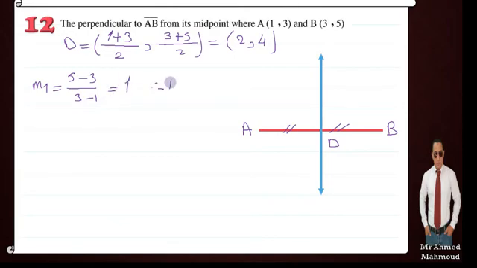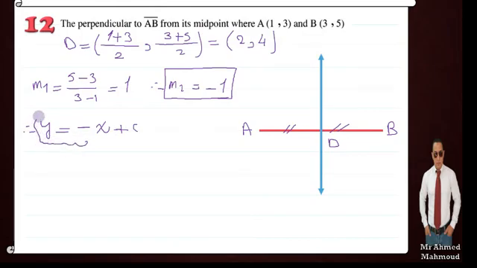Therefore, m2, and m2 here means the required slope. Okay, I will change the sign and make it upside down. It will be negative 1. Okay, m2 equals negative 1. Therefore, y equals negative 1x, or negative x, plus c.